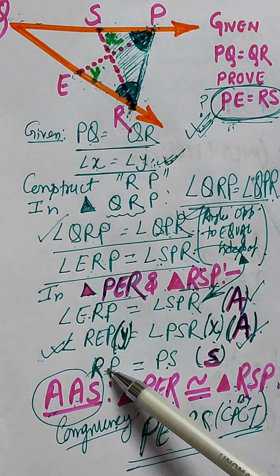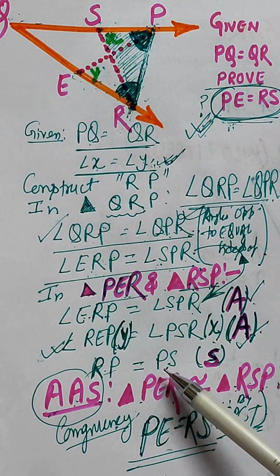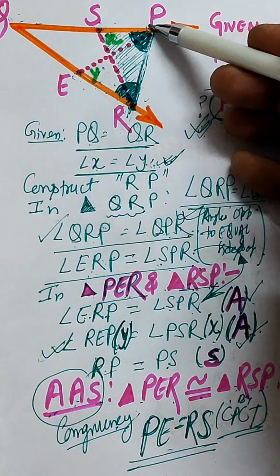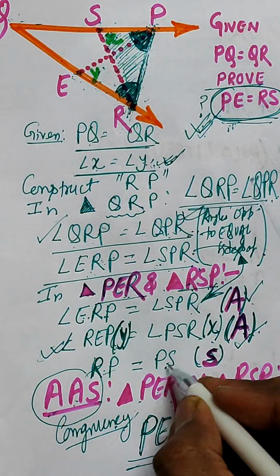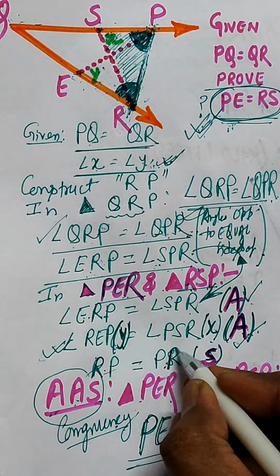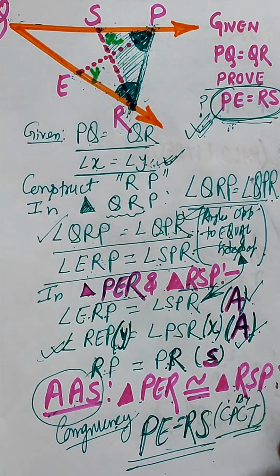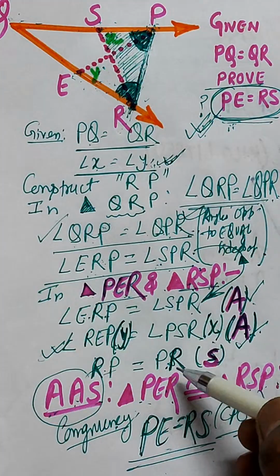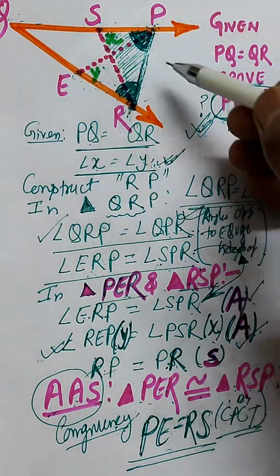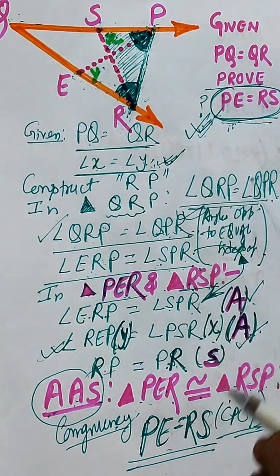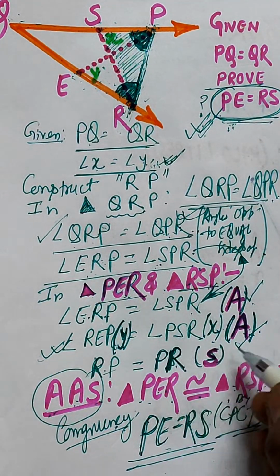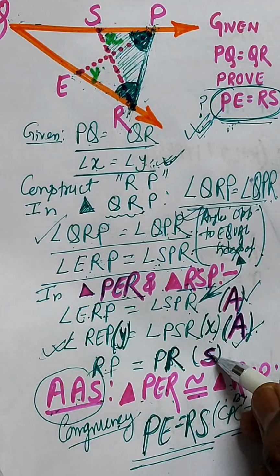So that's why we have written RP equal to PR. It's not PS, it's PR, right? Okay, that is the third side. So RP equal to PR. Here I am writing it. So this is the third side.